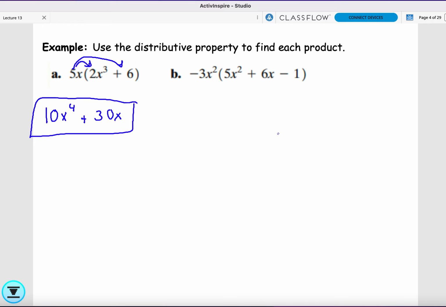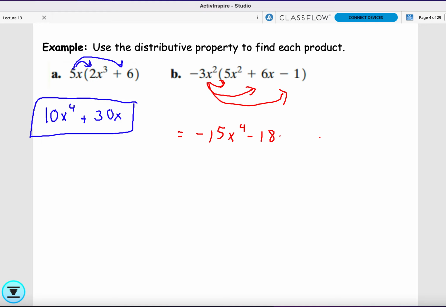Try not to overthink this distribution part. It's just multiplying the numbers, adding the exponents. So here we're going to go ahead and multiply it to these three terms. So negative 3 times 5 is negative 15. X squared times x squared is x to the 4th. Negative 3x squared times 6x. Well, negative 3 times 6 is negative 18.